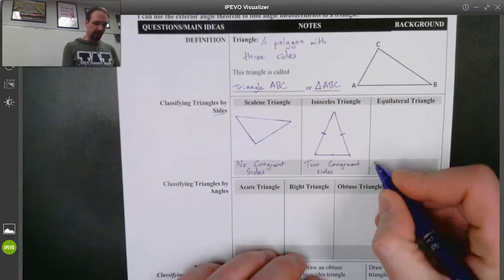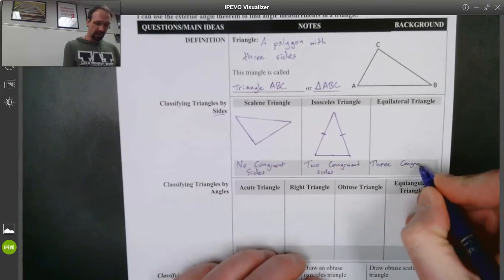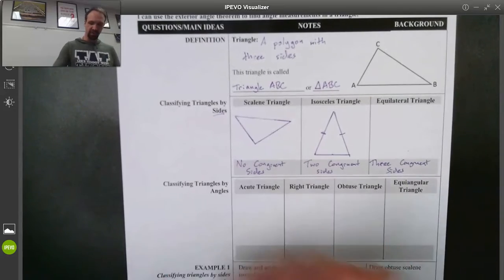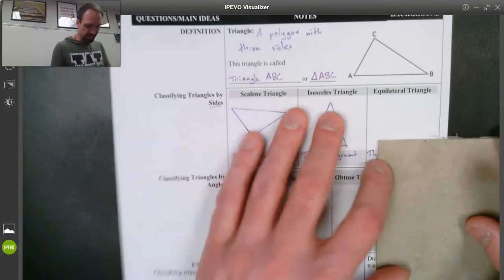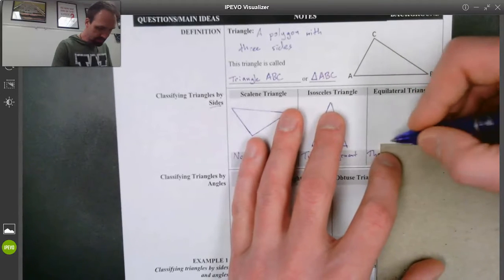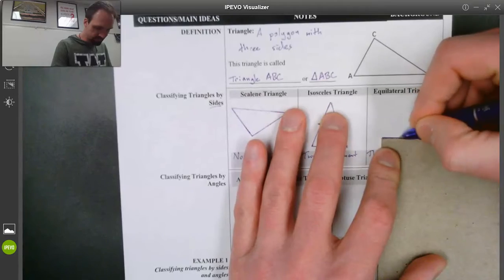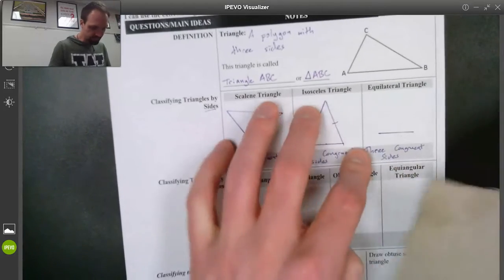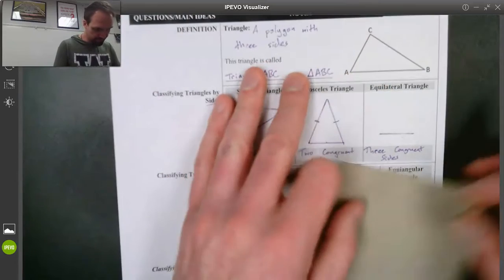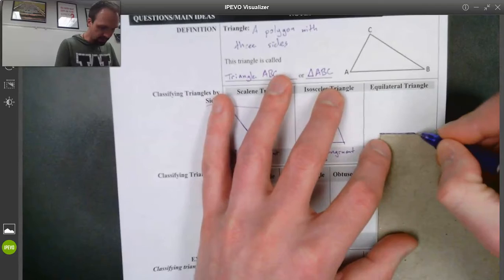And then an equilateral triangle has three congruent sides. That means all sides are the same length, the measures of them. This one's a little bit tricky to do without a ruler, because I do have to kind of eyeball it, and then I need to record the measure.